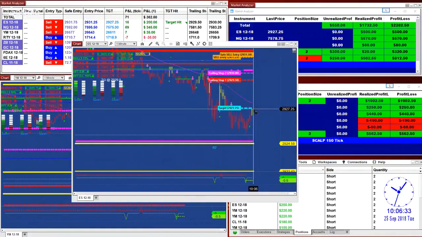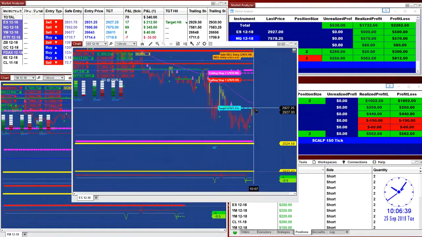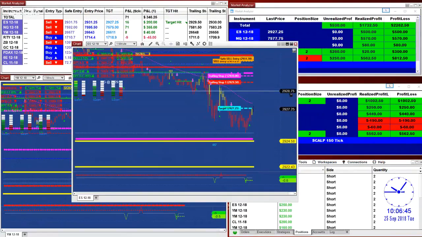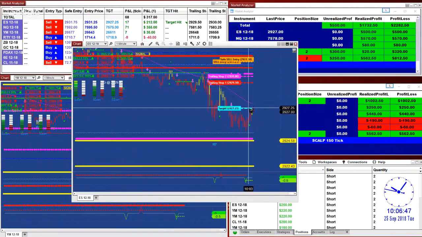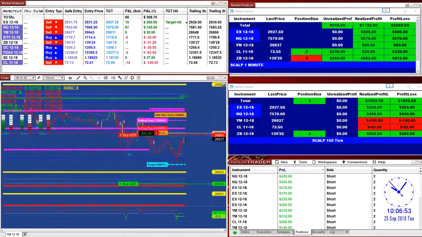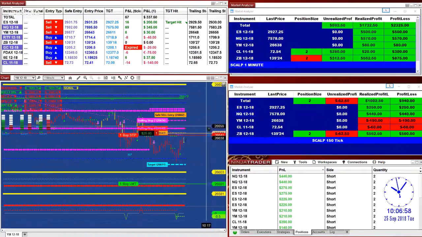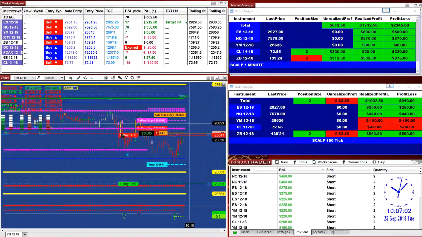This is where a lot of traders start making mistakes. So right now on the ES, absolutely, I will not invest $1. I will stay on the side and wait for a new signal. Once we get the new signal, then we can start trading again.